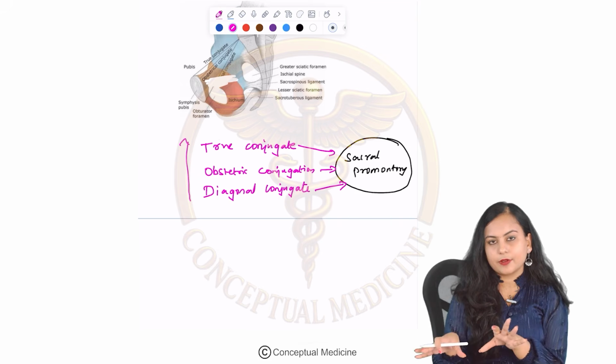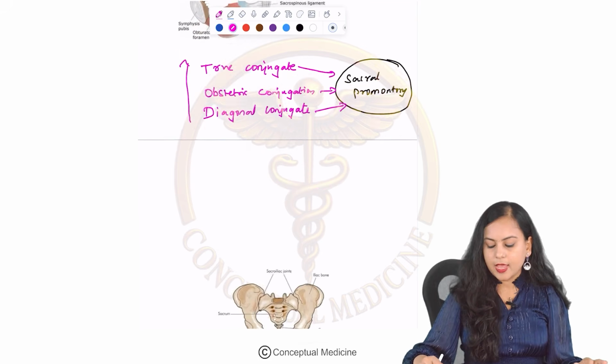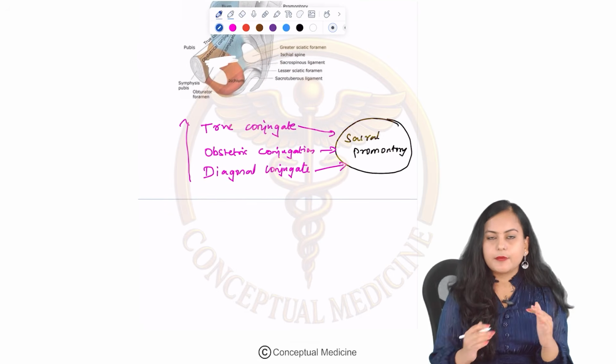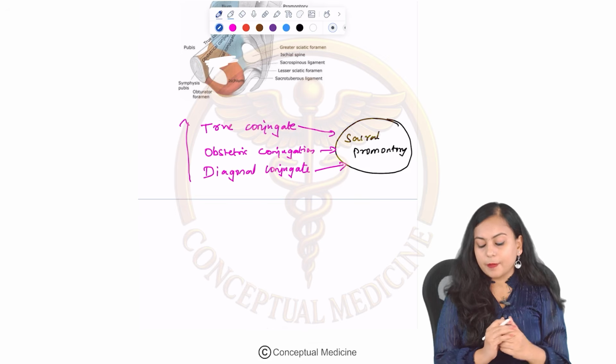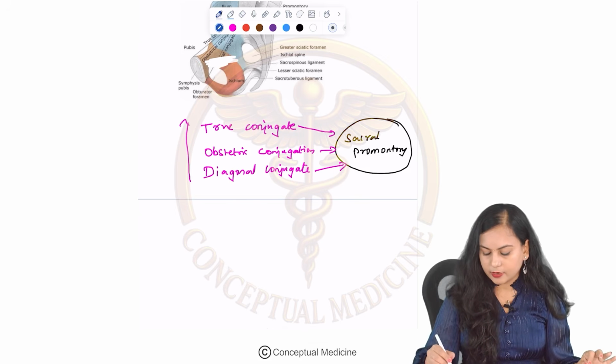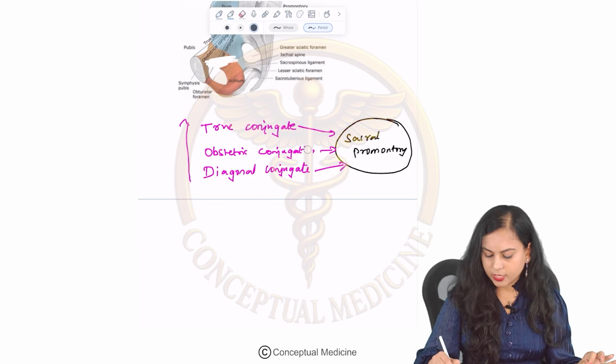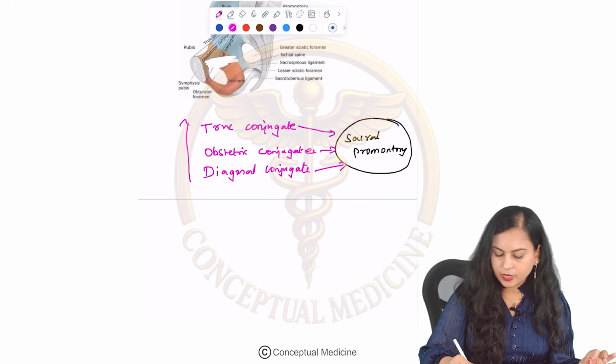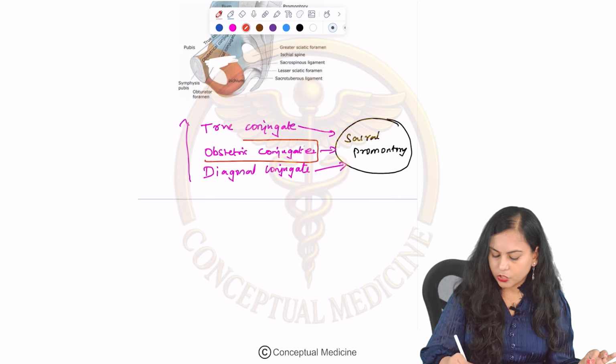Okay, so finally everything will be having a common endpoint, sacral promontory, and whatever you have measured, from that only you will be able to calculate the other two conjugates. Okay, but the most important conjugate here is your obstetric conjugate.